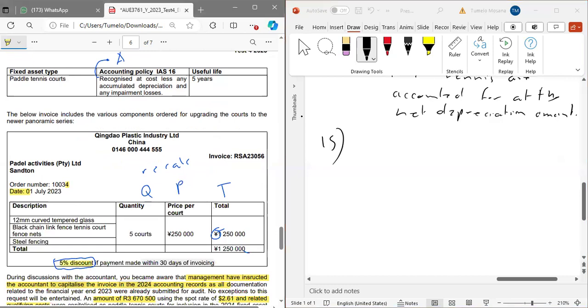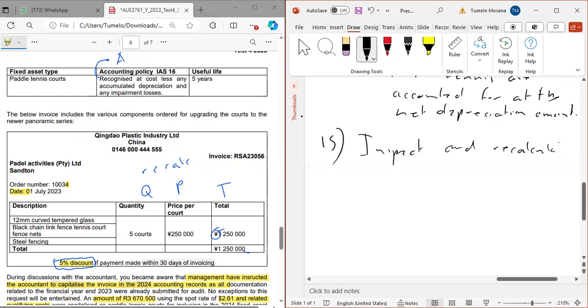So we need to inspect the invoice and recalculate the amount paid, that it is net 5%.